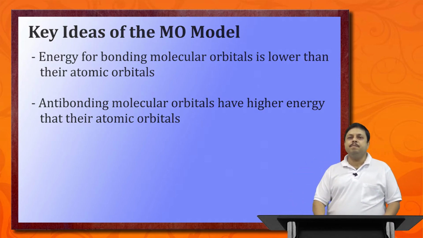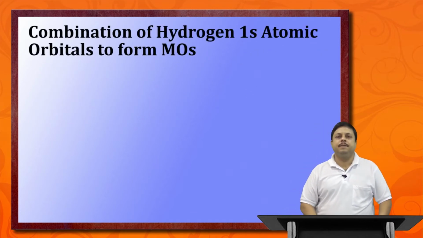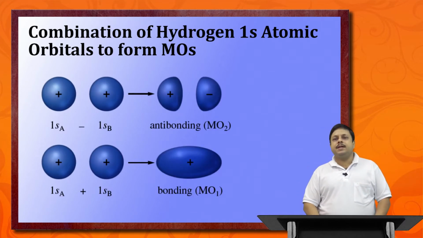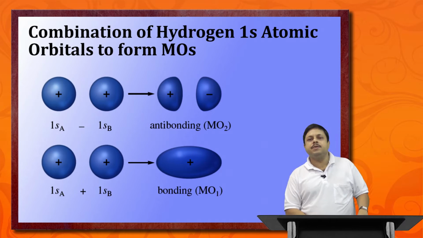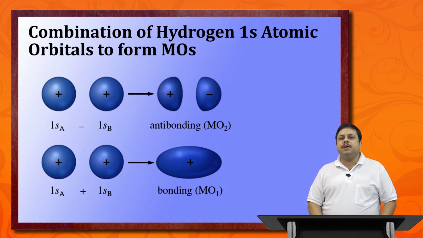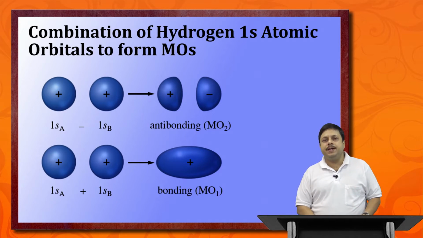So let us take up the simplest case, the hydrogen molecule. Say we label the two hydrogen atoms A and B. This is the 1s orbital of the A hydrogen atom and this is the 1s orbital of the B hydrogen atom. They can combine in two ways.